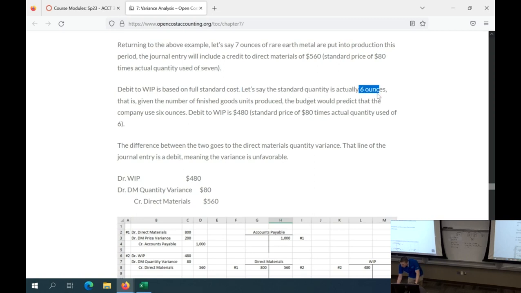That 6 ounces standard quantity times the standard price of 80 gives us a debit to WIP, or full standard, of 480. The plug in between them, $80, has to be the quantity variance. Or we could figure it out with the equation: actual quantity used minus standard quantity, which is 7 and 6, so that's just 1 in the parentheses, times $80, gives us $80.